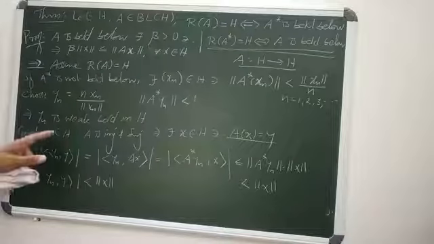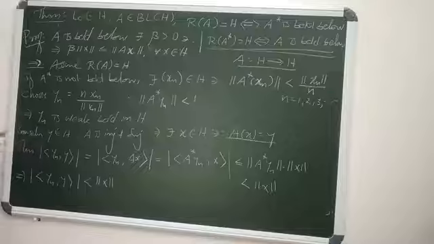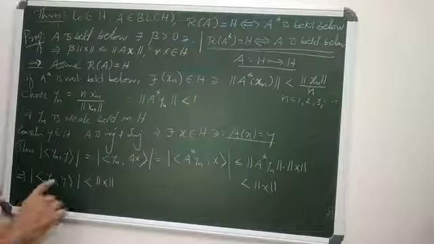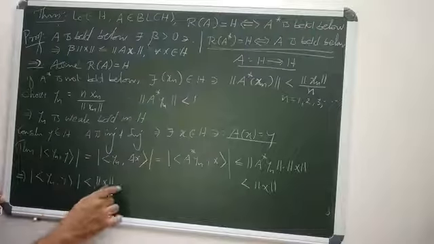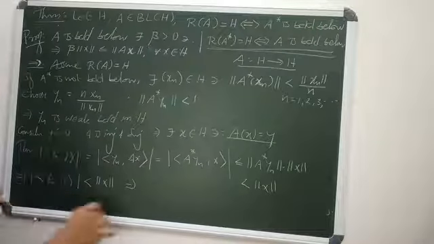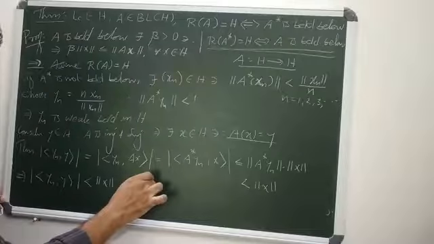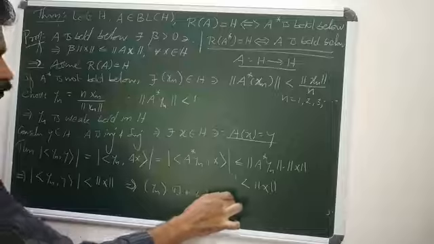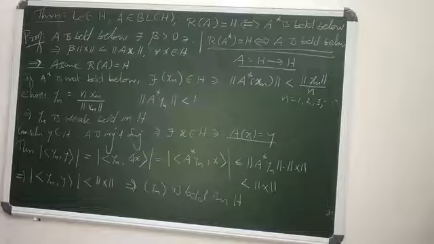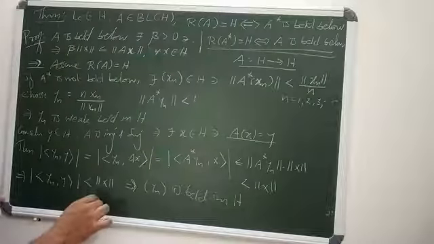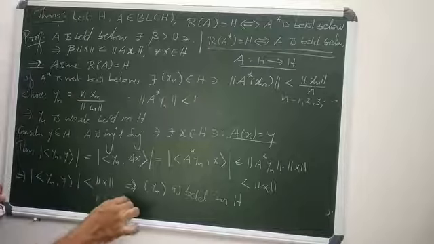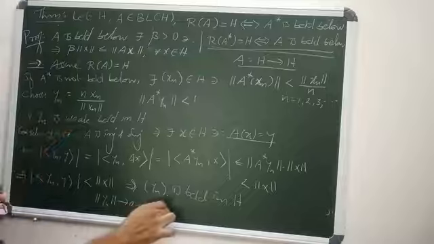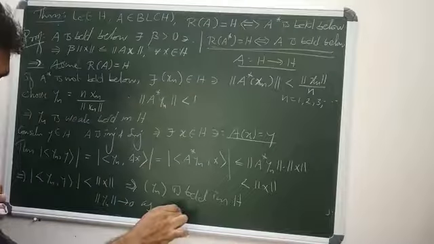A subset of a Hilbert space is weakly bounded if and only if it is bounded. So clearly modulus of ⟨y_n, y⟩ is less than norm x, but y is chosen from H, so the sequence y_n is bounded in H. Moreover, the norm of y_n goes to 0 as n goes to infinity.